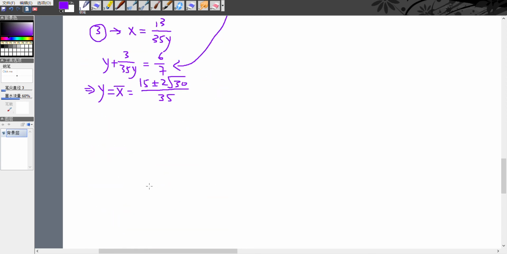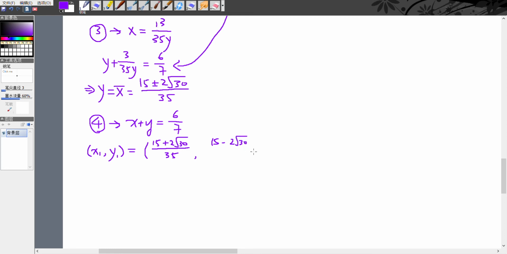And this is not very hard work to do, because according to 4, we have x plus y equals 6/7, and this suggests that the two pairs of x and y can only be 15 plus 2 times the square root of 30 divided by 35, and 15 minus 2 times the square root of 30, sorry, my bad, divided by 35, and the opposite, because the square root term has to be cancelled to allow us a rational x plus y.